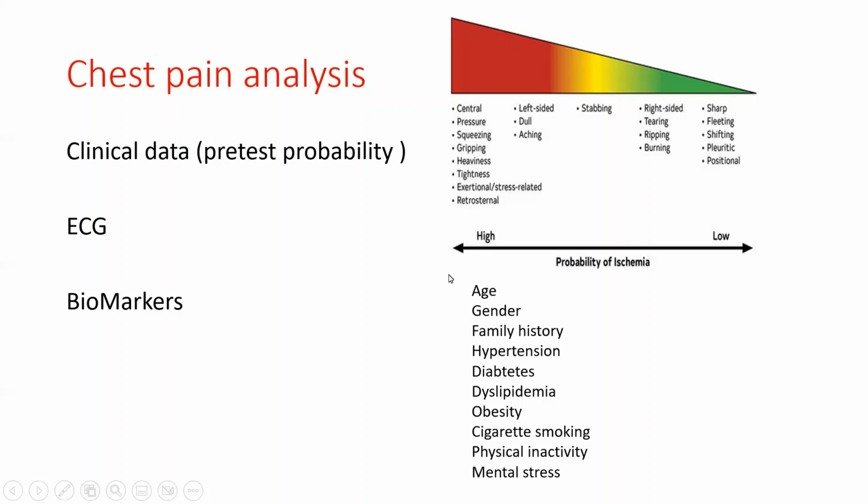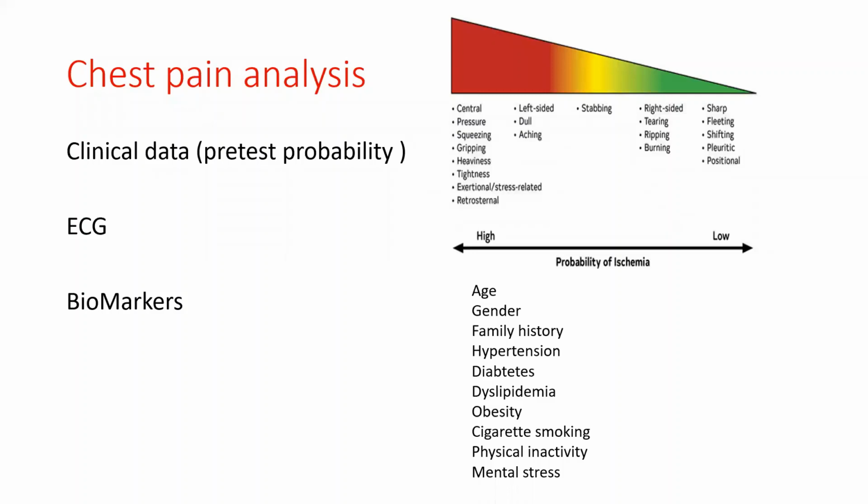Then upon the clinical data, you will be able to put your patient into either low risk, intermediate risk, or high risk. Okay, good. Now, in the new guidelines, they have changed the terminology of typical, atypical, non-cardiac into typical, possibly cardiac and non-cardiac, right?